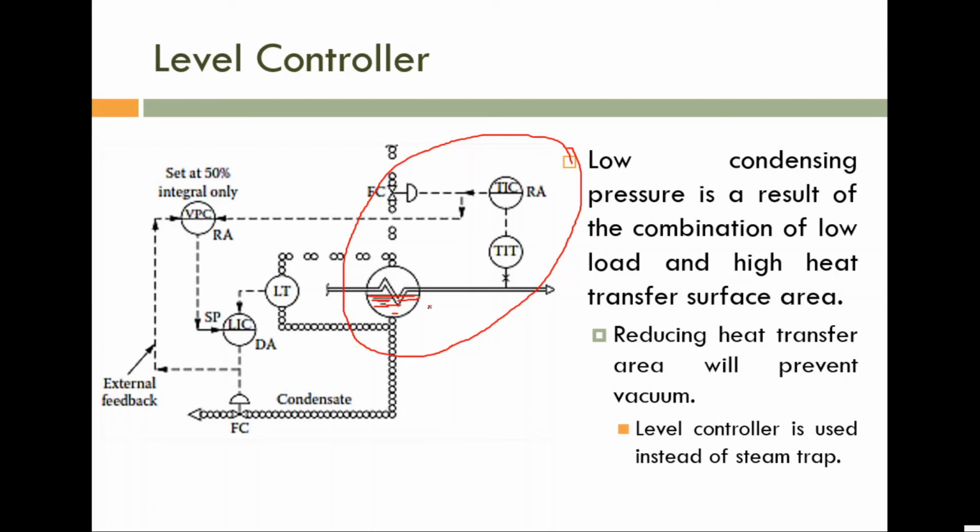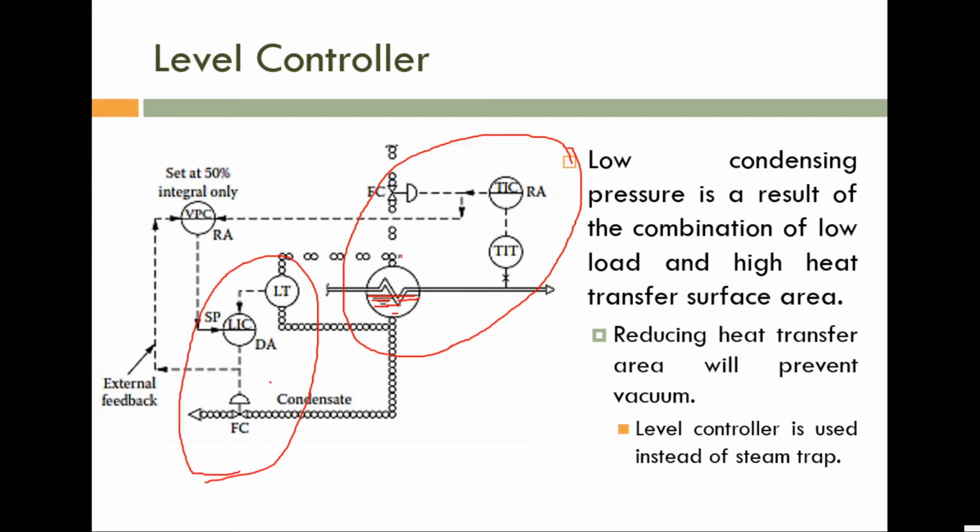If it is due to the very small pressure, liquid level is changing. Okay, so now you can see that if liquid level is increasing or decreasing due to some reason, a second controller is also used, a level controller is also used. And how is it operating?